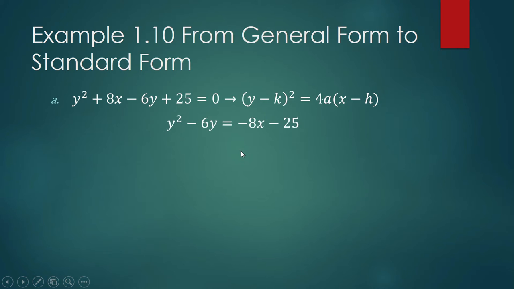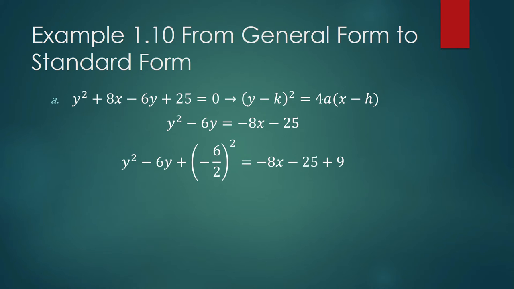We begin by separating these two terms. The y terms on one side, the x and the constant term on the other side. So the next step is the first step for completing the square, the most important step, or the critical step, so to speak. Where did this come from? Look at that.